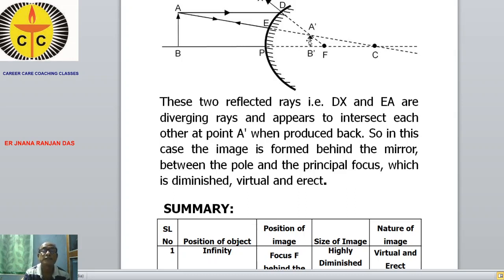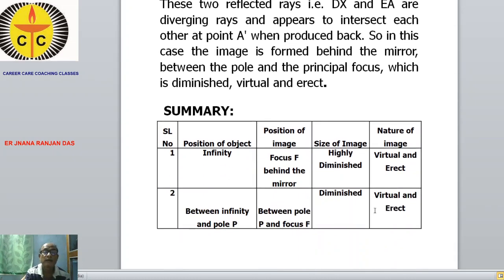With the object at infinity, the image is at the focus behind the mirror, highly diminished, virtual and erect. Between infinity and the pole, the image is between the pole and the focus, diminished, virtual and erect.